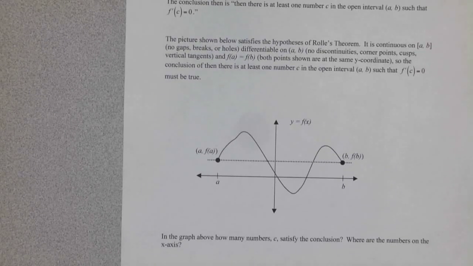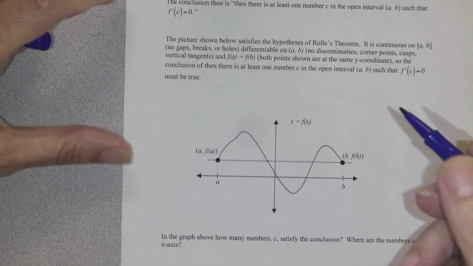In the graph above, how many numbers c satisfy the conclusion? Where are the numbers on the x-axis? Again, I'm lecturing to an empty classroom, so no one's here to answer it. But if people were looking confused, I'd say, remember what the derivative at a point tells you. The derivative at a point tells you slope.